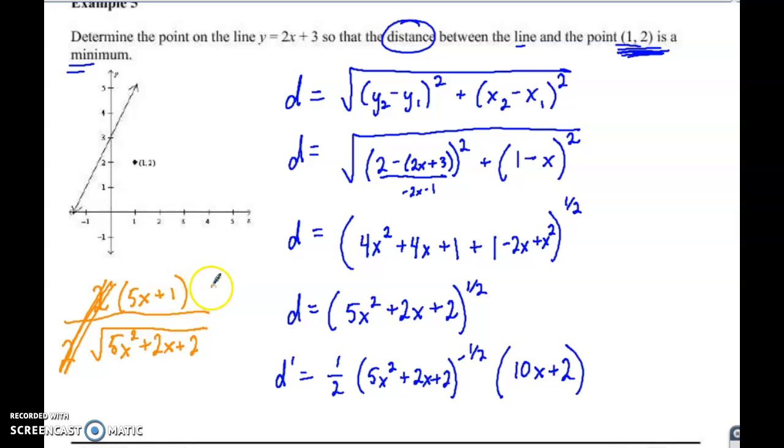Well, at least we can easily identify where the numerator equals 0. That would be negative 1/5. And my gut is telling me that this is not factorable. I don't think it is. Yeah, because you do want to see where the denominator also equals 0, because remember, the minimum can occur where the derivative does not exist.